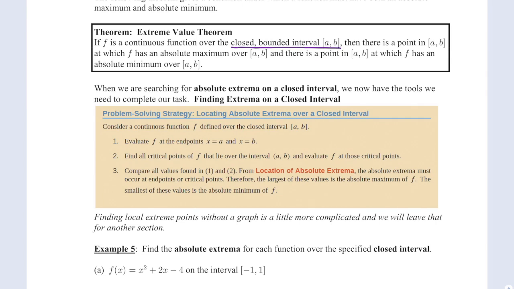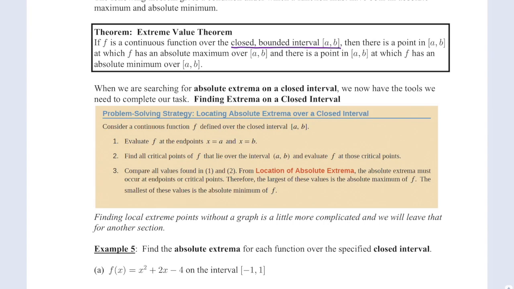So if f is continuous on that type of interval, a closed bounded interval, so again, closed means it includes its endpoints, then there is a point in that interval at which f has an absolute maximum over the interval, and there's a point at which f has an absolute minimum over the interval. Right, so for closed bounded intervals, we're guaranteed that there is an absolute high point and an absolute low point. Maybe more than one, but we're guaranteed at least one. Right? And those can be found either at critical numbers or at the endpoints of the interval, as we saw when we were looking at our graphs.